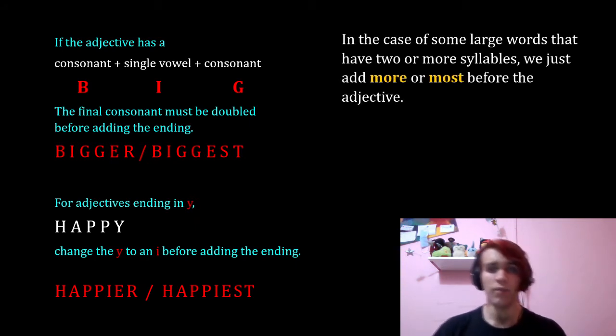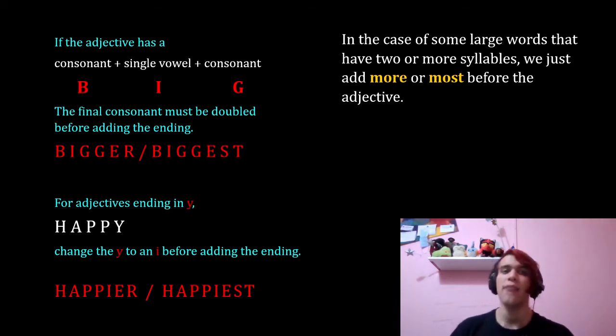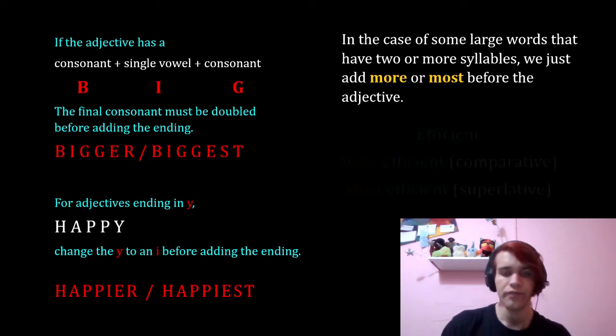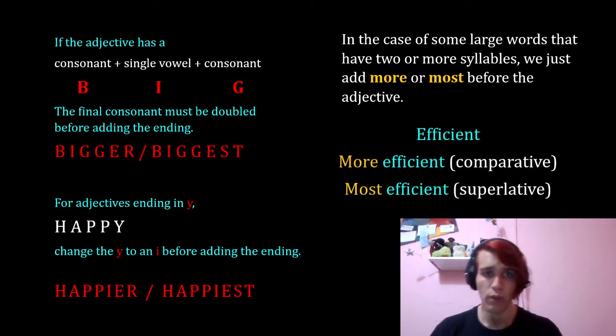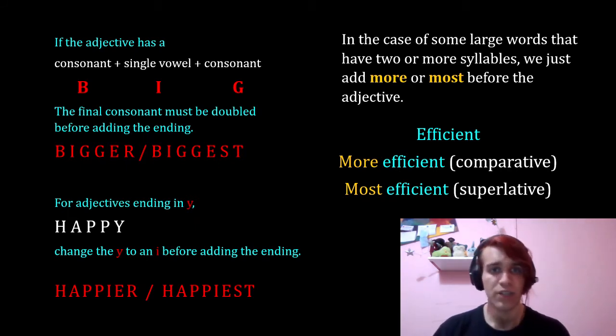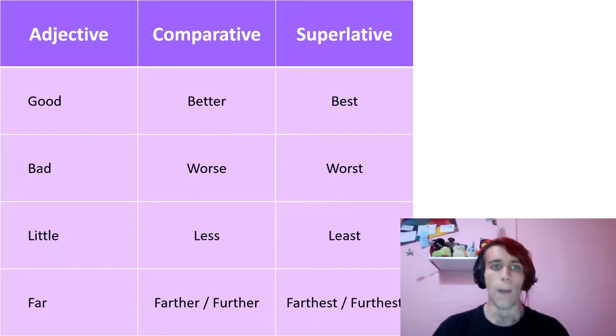In the case of some large words that have 2 or more syllables, we just have to add more or most before the adjective. For example, for the word efficient, we use more efficient to do a comparative and most efficient to do a superlative. Now, this is a list of some irregular adjectives that change the form of the word when they are used as comparatives or superlatives.